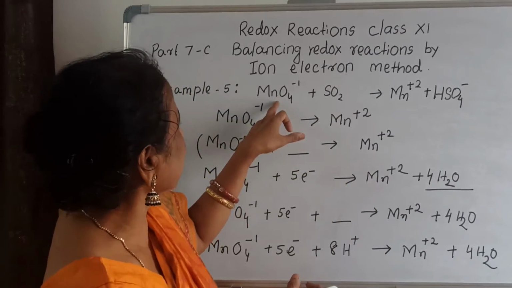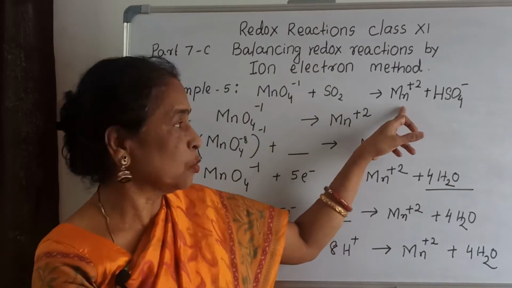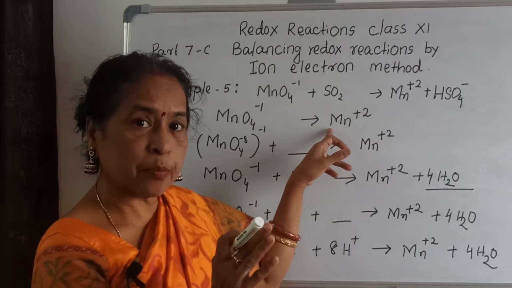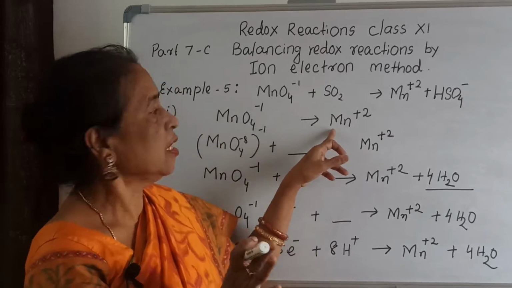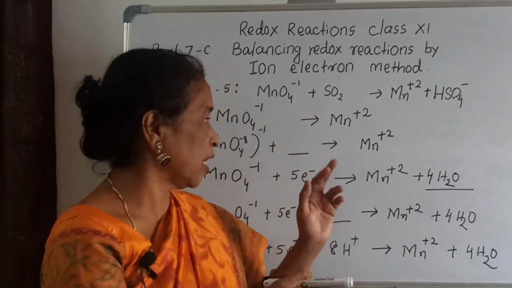Now you can see here MnO4 minus 1 changes to Mn plus 2. First we will find the oxidation number of manganese here.